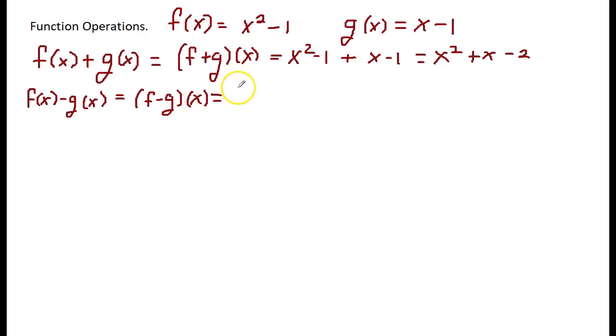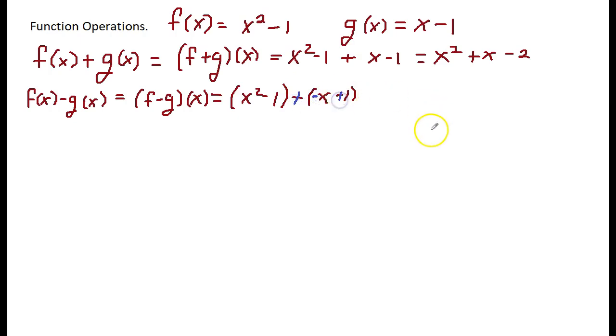All right. What it means is you take the function f of x, which is x squared minus 1, and we're going to subtract from it the function g of x, which is x minus 1. Okay. Well, I'm just going to change colors here. We have to distribute this negative, so I'm going to make this a plus and distribute the negative.